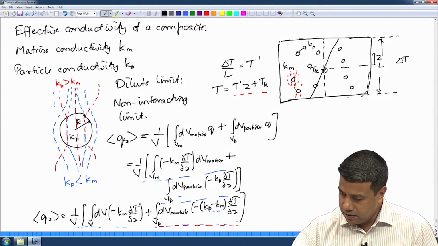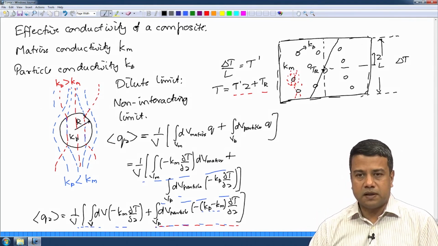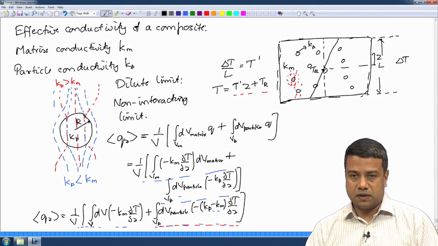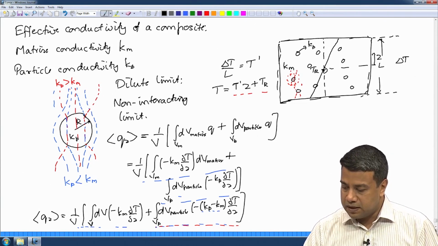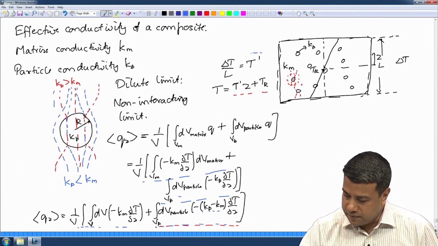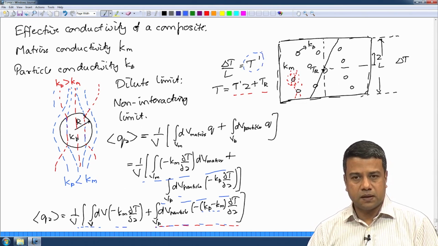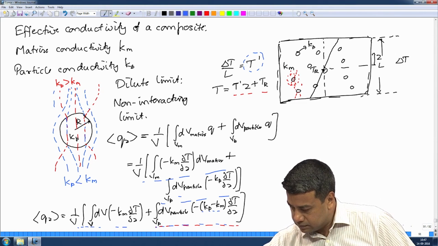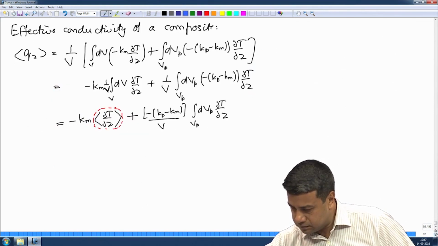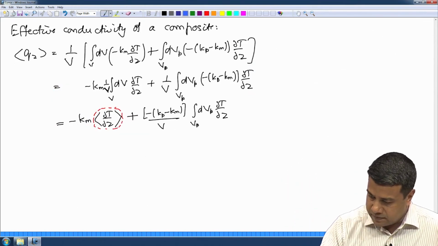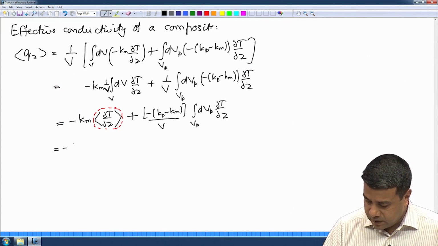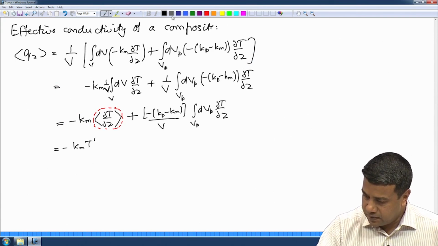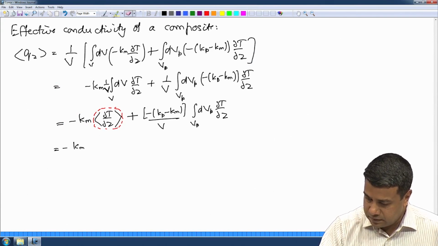This has to be equal to the temperature gradient that is actually imposed on the composite material, and that imposed temperature gradient is T prime. Therefore, this just gives me minus Km into T prime, which is the imposed temperature gradient.